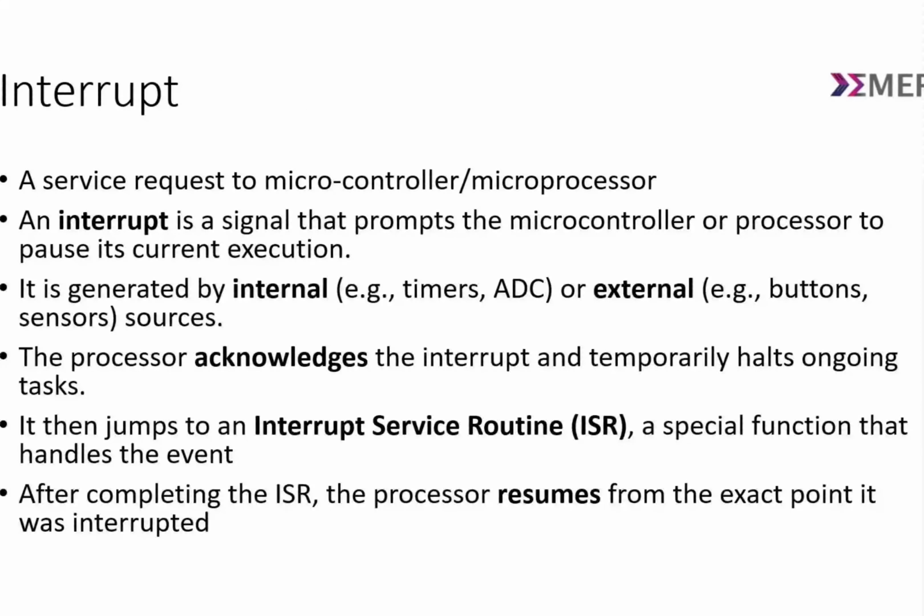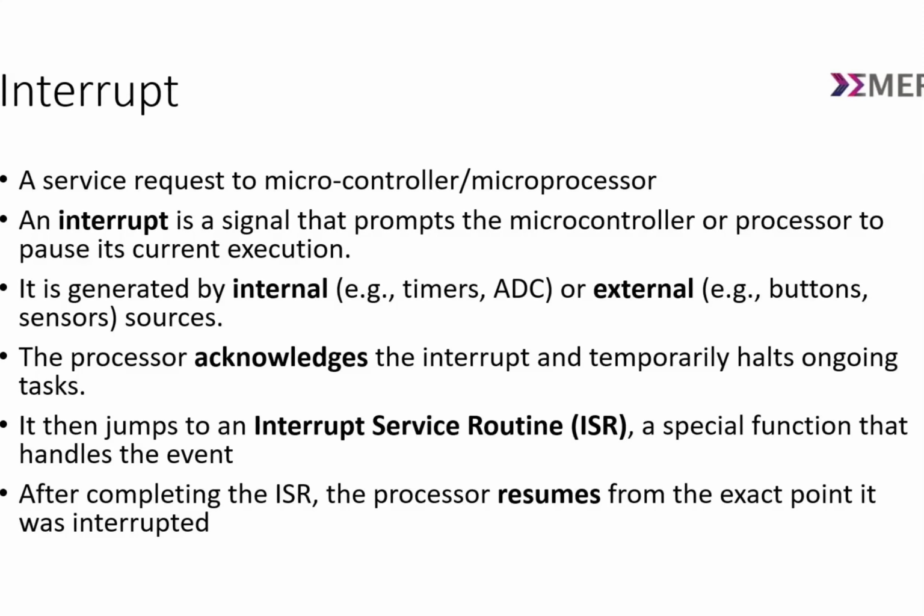Next is an interrupt. An interrupt is nothing but a service request to a microcontroller or microprocessor. An interrupt is a signal that prompts the microcontroller or processor to pause its current execution. It is generated by internal sources like timers or ADC, or external sources like buttons or sensors.